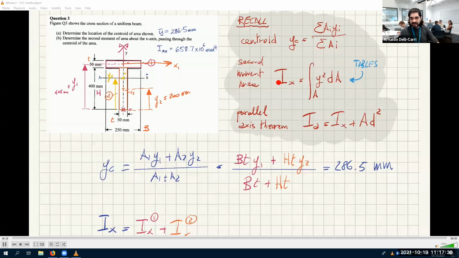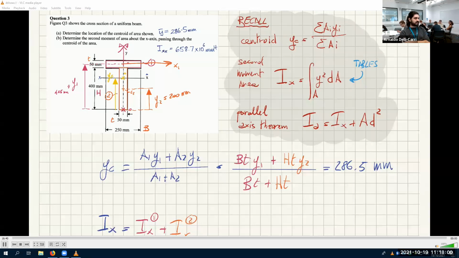So this Ix comes from the integration of the y coordinate squared. So the distance of every infinitesimal element of area from the axis of interest squared, integrated over the entire area. Now, of course, you don't have to solve the integral every time because we already solved these for simple shapes.